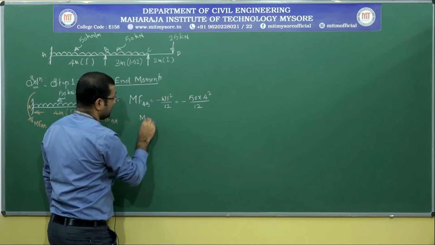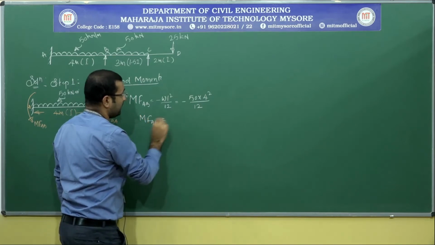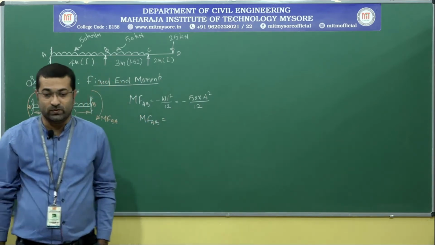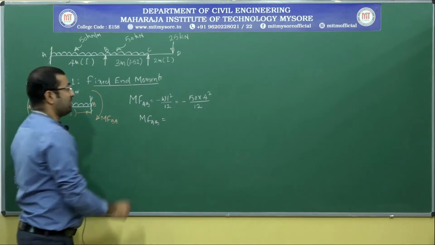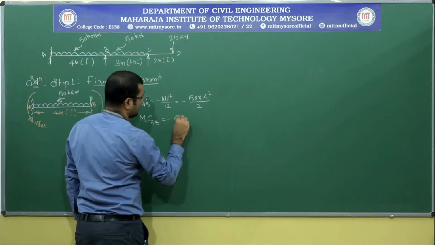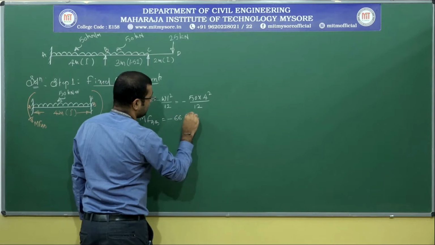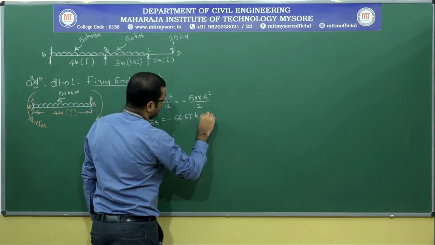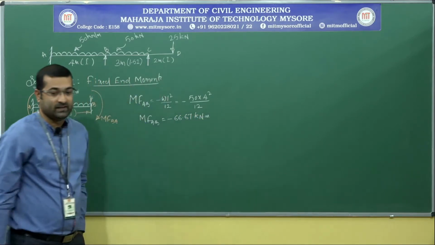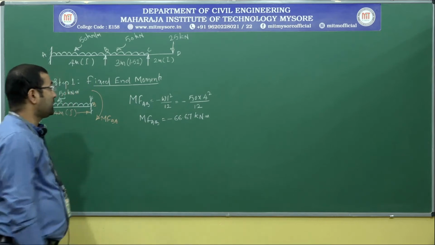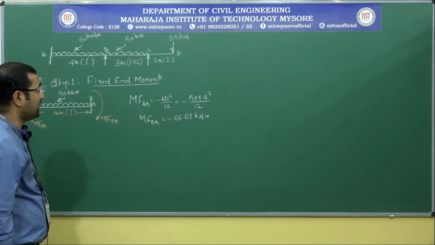If you solve this, MFAB yields minus 66.67 kilonewton meter, which is the magnitude of the fixed end moment at A.